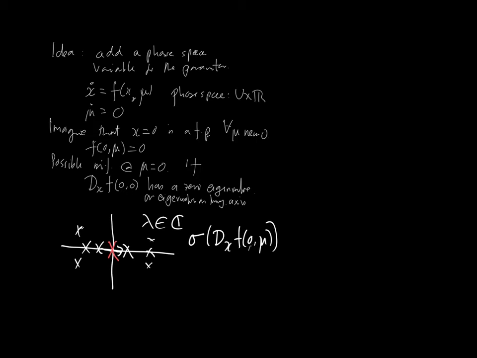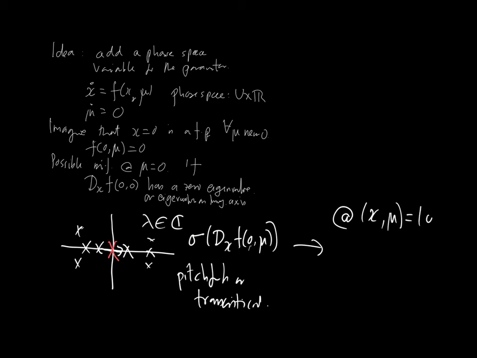This is exactly what happens in either a pitchfork or a transcritical bifurcation. And what you would do then is look at, in the phase space, x, mu equal to 0, 0.